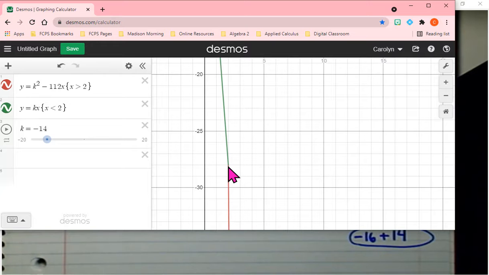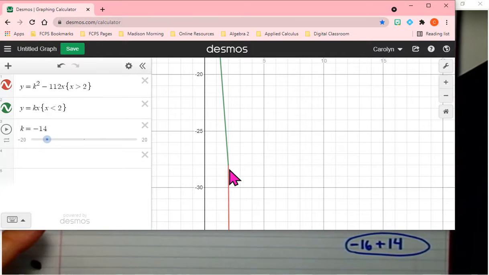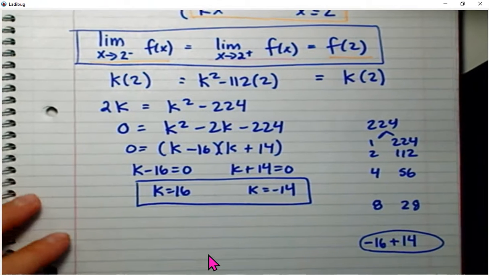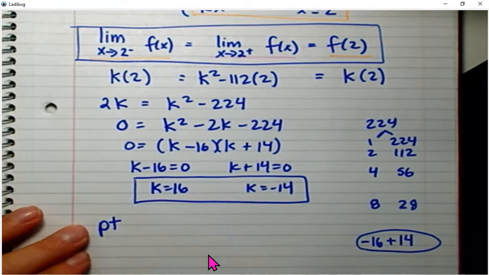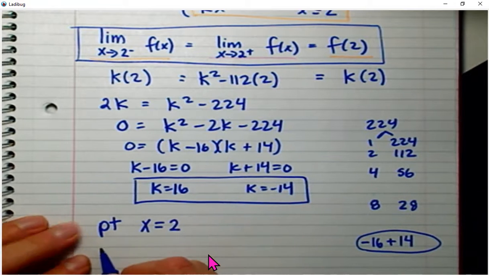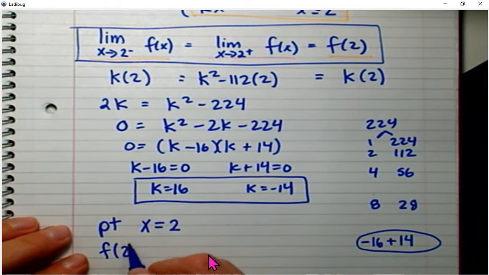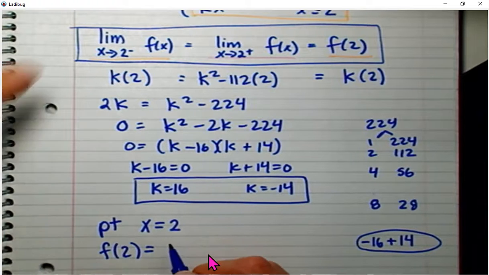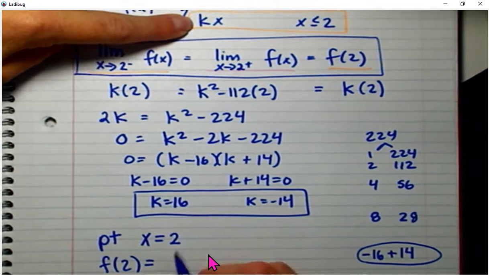Let's say your trouble's finding the viewing window. Notice the coordinates. Where is the actual point where they meet? When x equals 2, the point f of 2 equals kx.